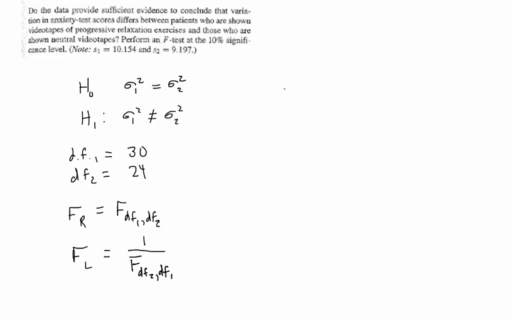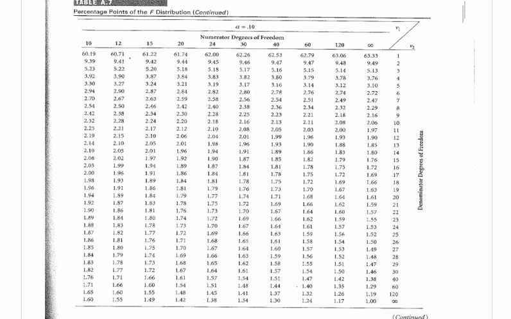Now, when we look at the chart, you have to be careful because unlike some of the other charts where all the significance levels are on one table, for F, each significance level has its own table. So when we take a look at the F table, we have degrees of freedom across the top and degrees of freedom down the side. And right here we can see we have a significance level of 0.10.